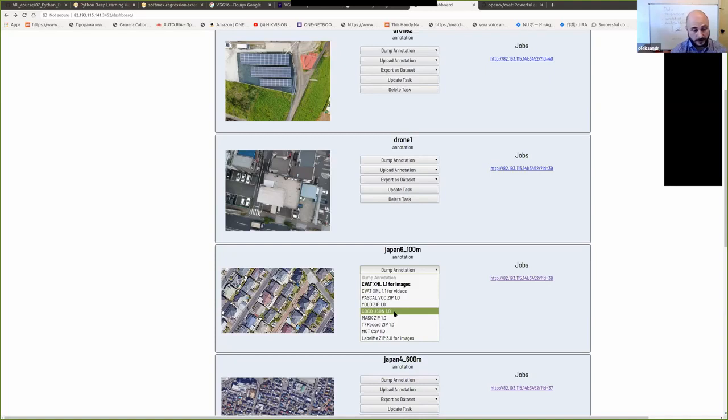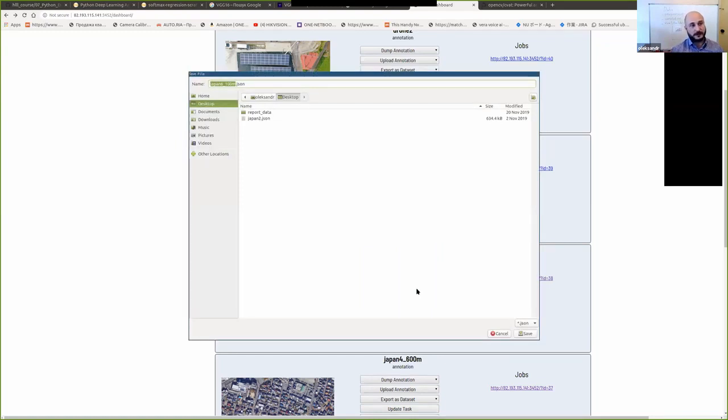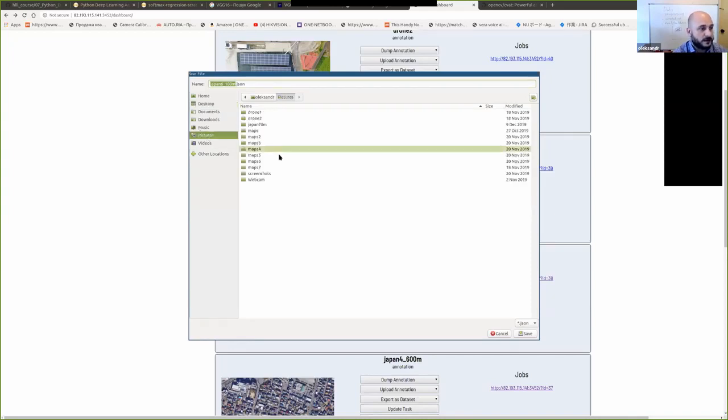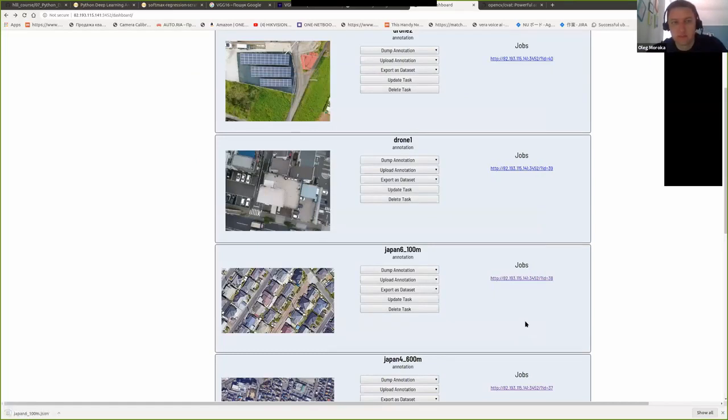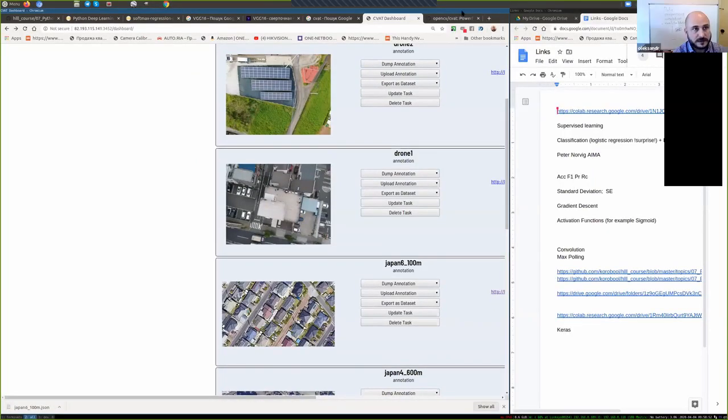So we take Coco.json and save this in some JSON format, and then let's go to pictures, save it, and see how it looks.